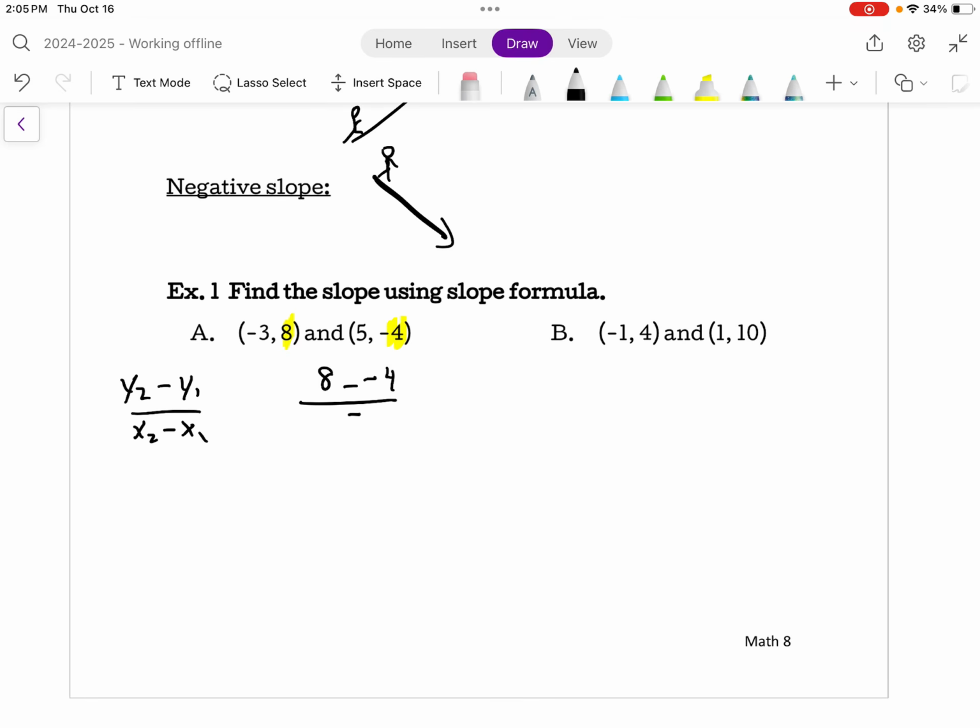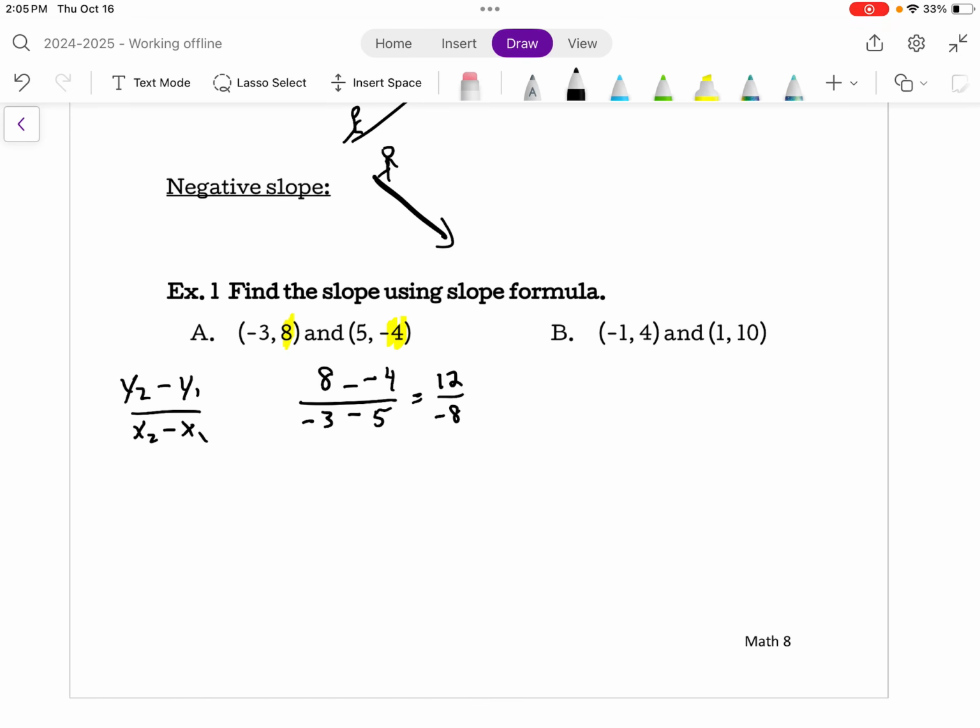I'm just going to choose to go 8 and negative 4, so remember the double negatives, that's going to turn that into a positive. And then because I went from 8 to negative 4, I have to keep that same order and go negative 3 to 5. So 8 minus negative 4 is 8 plus 4, which would be 12, and then negative 3 minus 5 is negative 8.